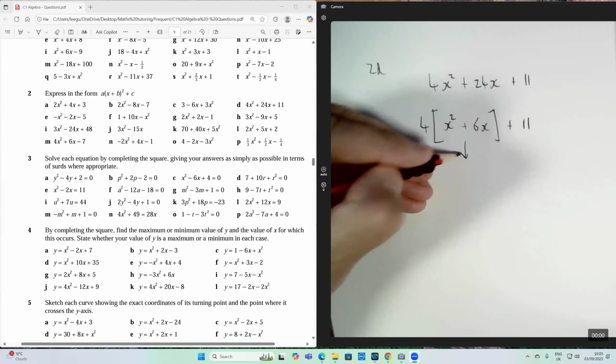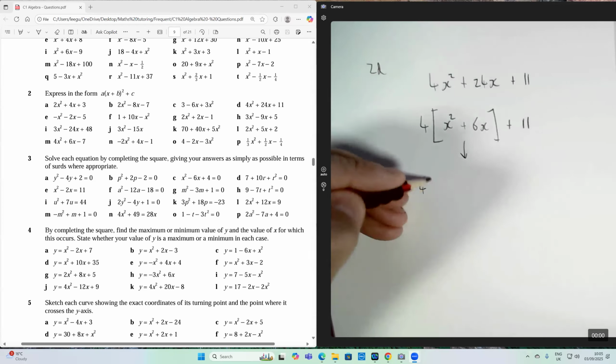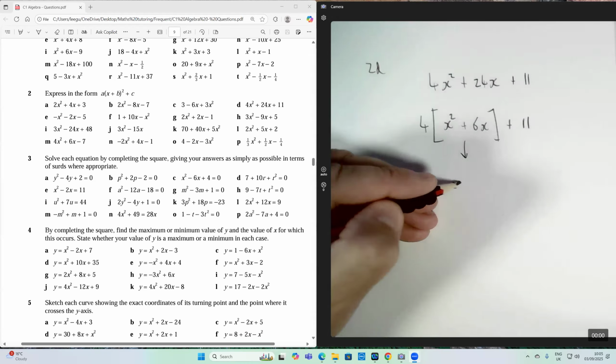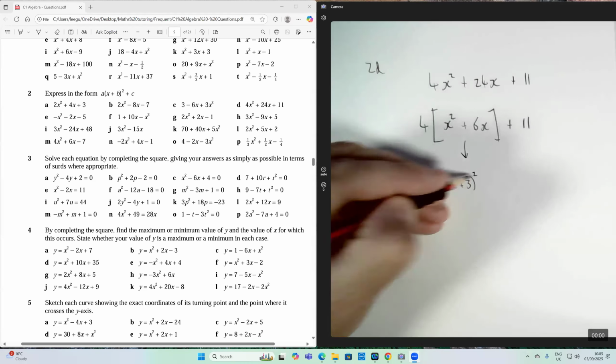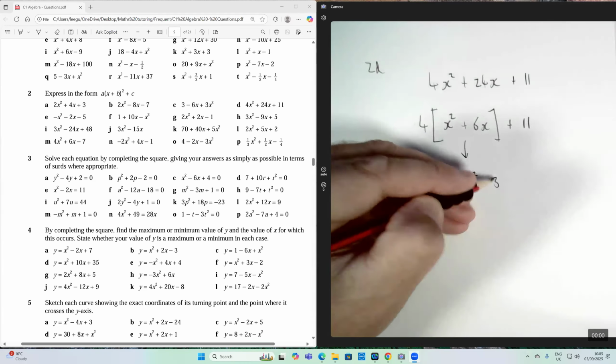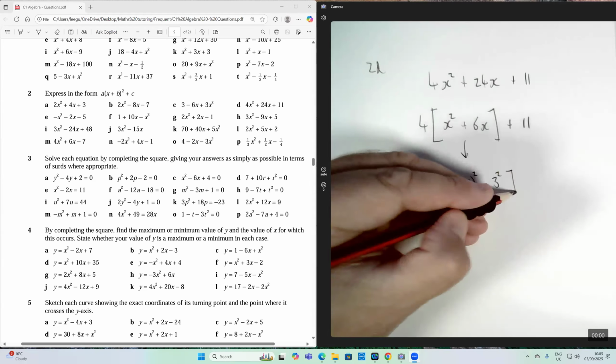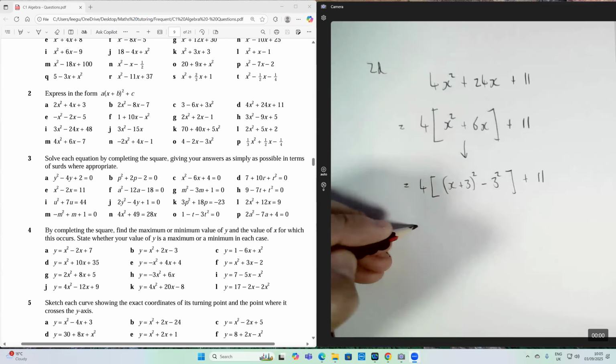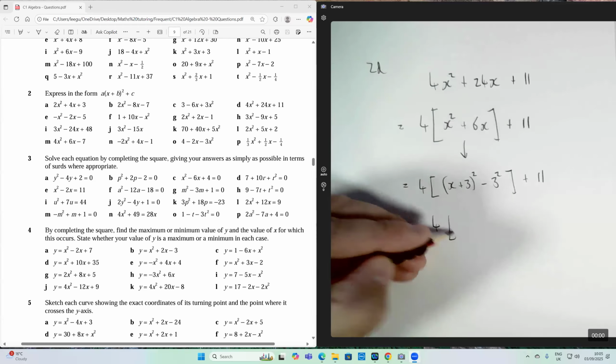I'm now going to complete the square on what's in that bracket. So I go just the same as before, halve that number. So x plus 3 all squared, take away the 3 squared, plus 11. Now I'm going to work out what that 3 squared is.